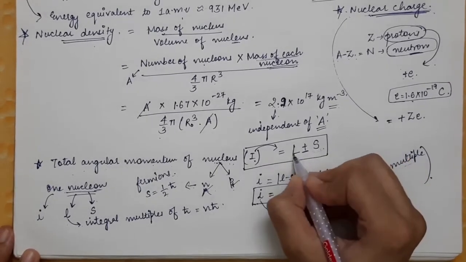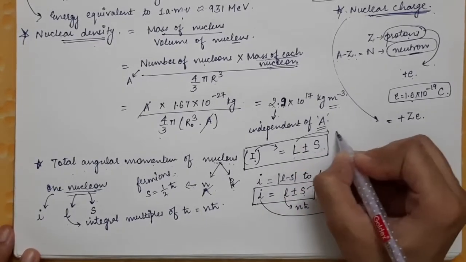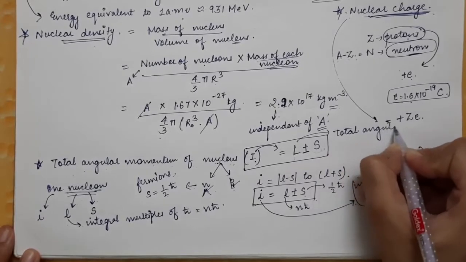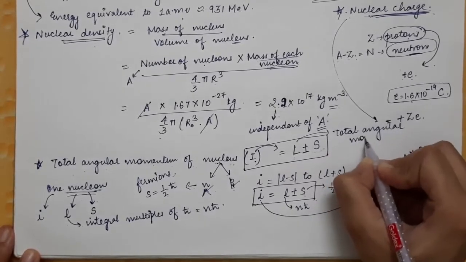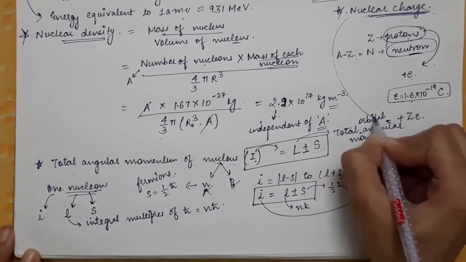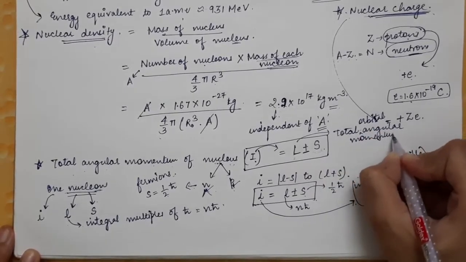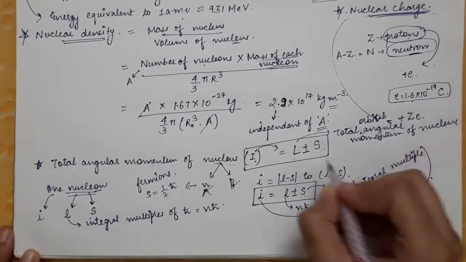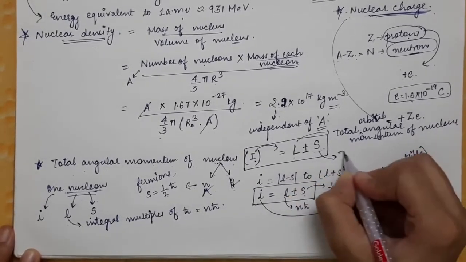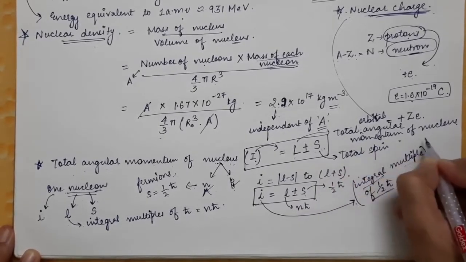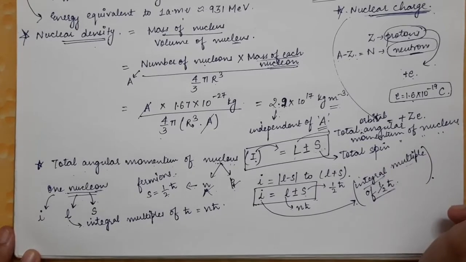But over here capital L will be the total orbital angular momentum of the nucleus, and capital S will be the total spin angular momentum of the whole nucleus.